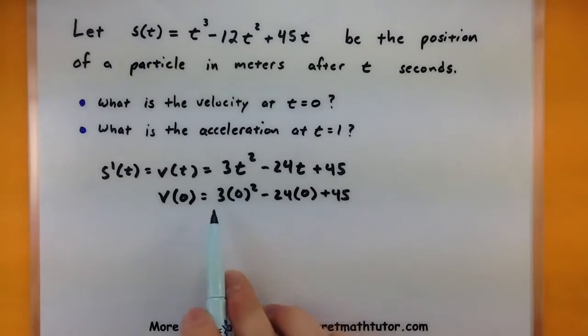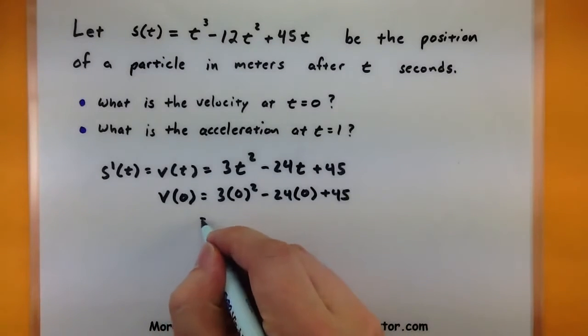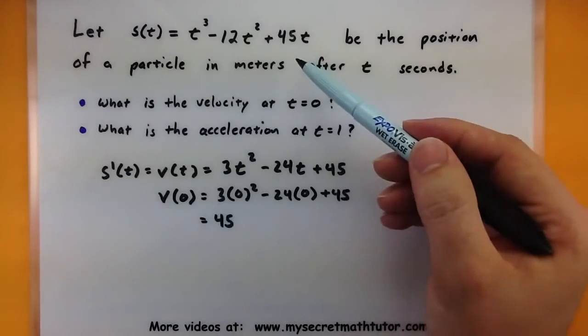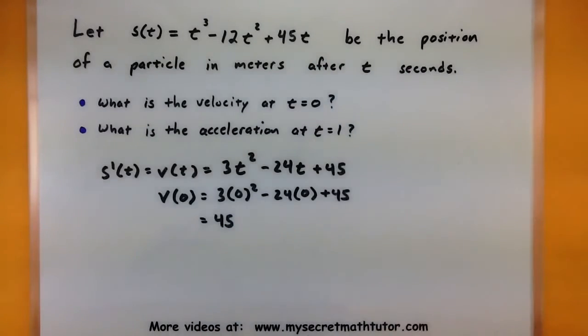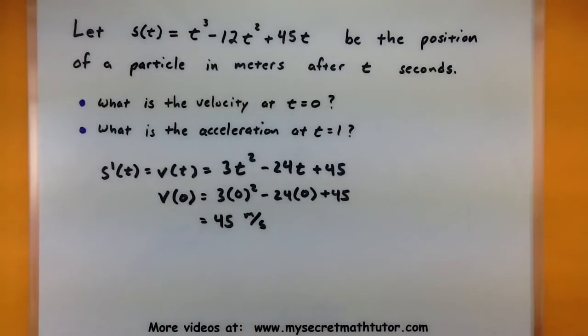Alright, that looks pretty good. So I have 0 for this entire term minus 0 for this entire term, and the only thing that is left is 45. And since the position is in meters, with respect to seconds, this would be in meters per second.